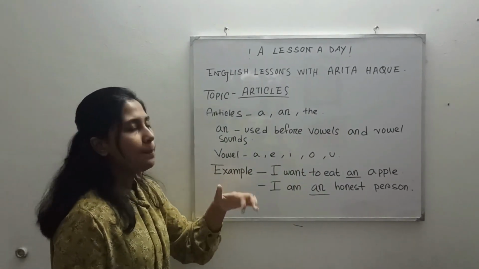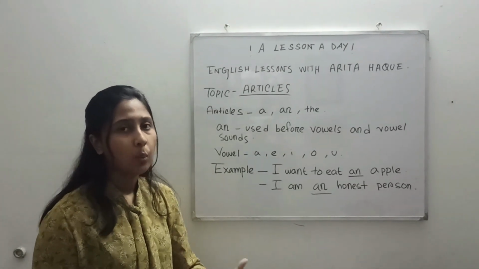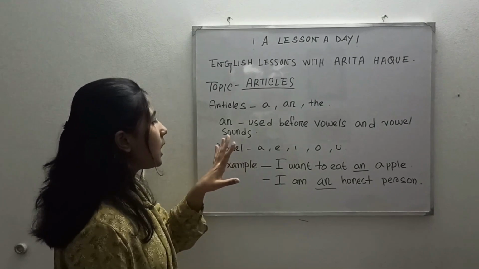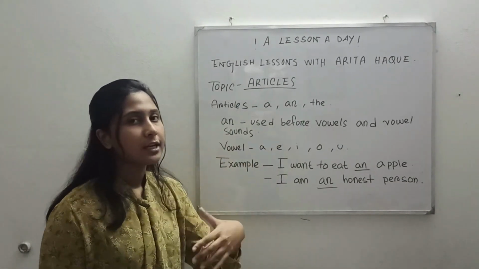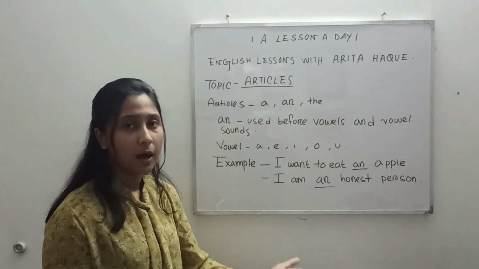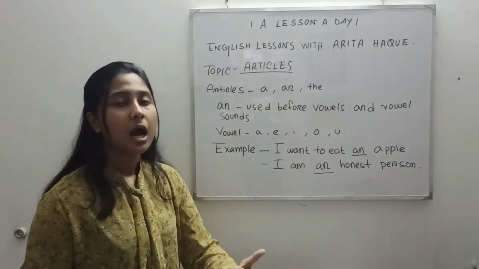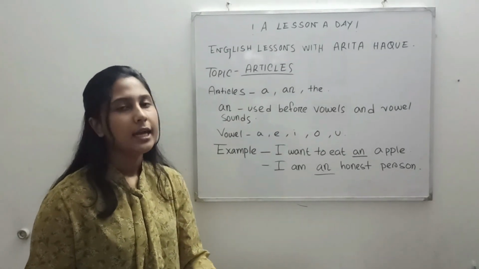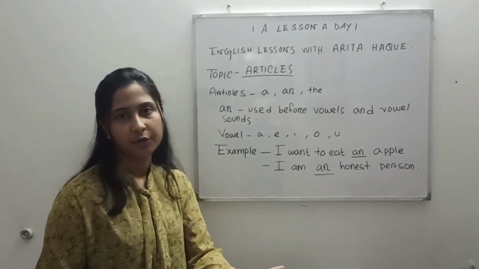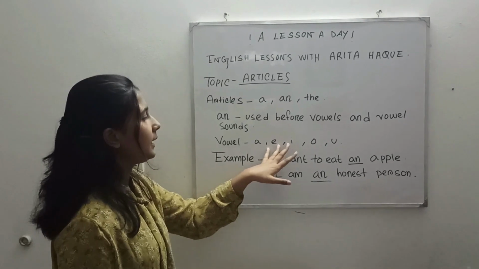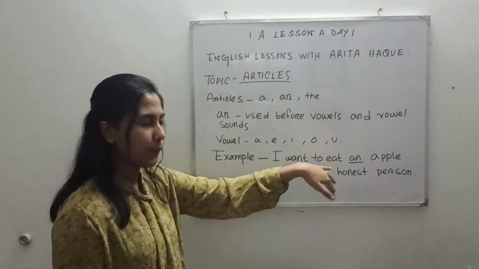Well, many of you must have this question: what are vowels actually? So there are 5 letters in English grammar which we consider to be vowels, and the rest of the letters except for those 5 are considered to be consonants, in case any of you don't know about it. So those 5 letters are A, E, I, O, and U.